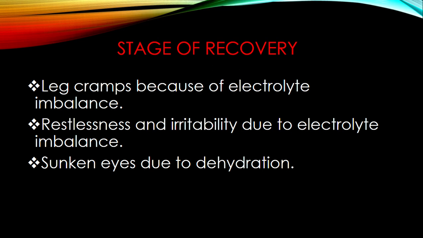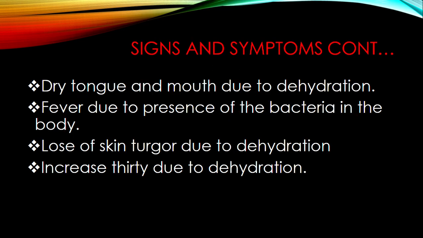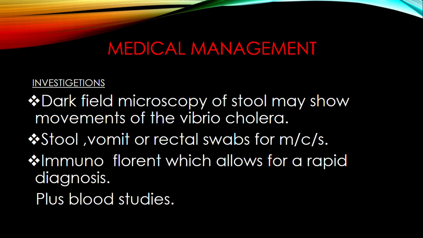Then there's restlessness and irritability, which is due to electrolyte imbalance. And also we have sunken eyes due to dehydration. Then we also have dry tongue and mouth due to dehydration. We also have fever due to the presence of the bacteria in the body. Then we have loss of skin turgor due to dehydration, and we also have increased thirst due to dehydration.